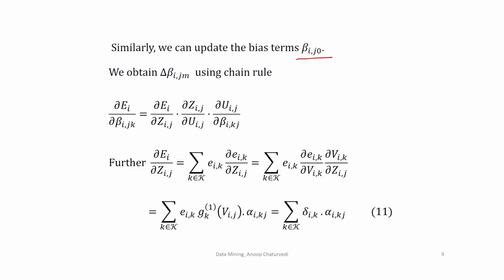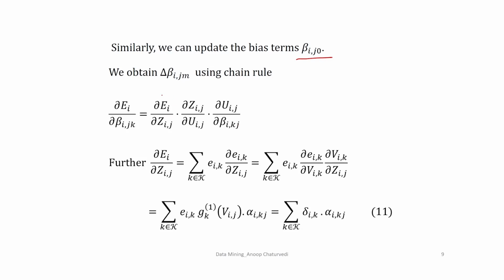For that purpose, we write del E_i over del beta_{ijm} equal to, first we differentiate with respect to Z_ij, so del E_i upon del Z_ij, then we differentiate Z_ij with respect to U_ij, and then we partially differentiate U_ij with respect to beta_{ijm}.